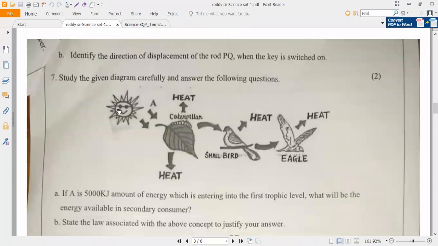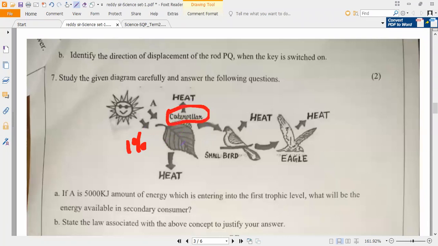Now you can see, guys. Sun to the, here what is it, guys? Plants. So plants, how much energy will transfer? Only 1%, sir. Next, that is eaten by the caterpillars. Whatever energy is received by the plants, the caterpillars will get only 10% of it.